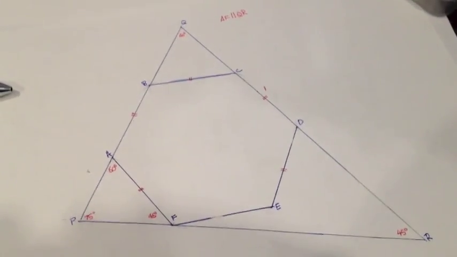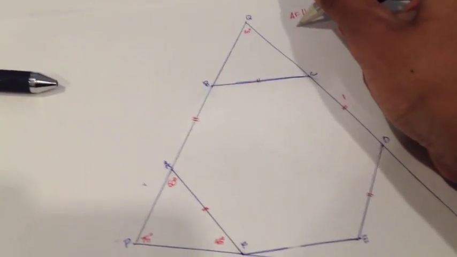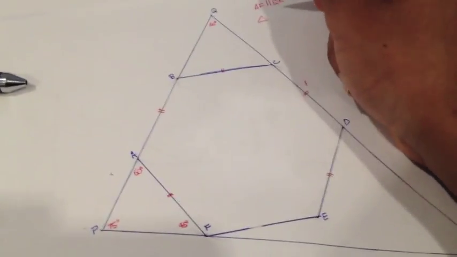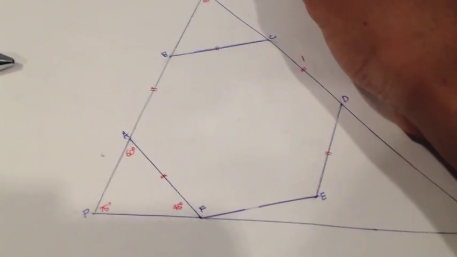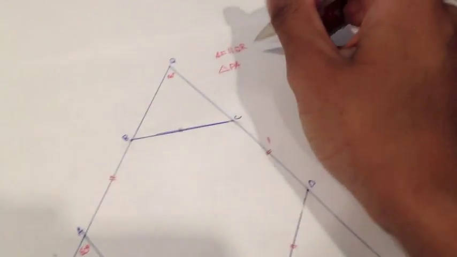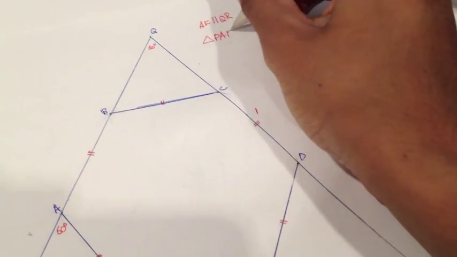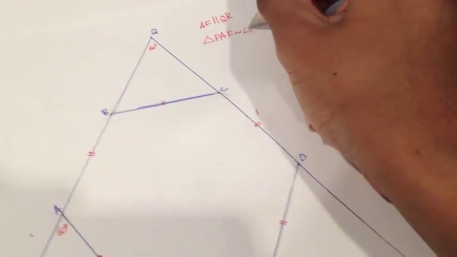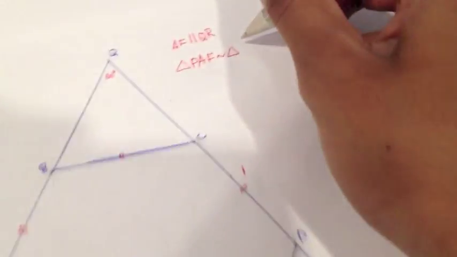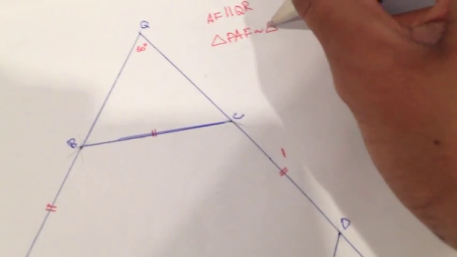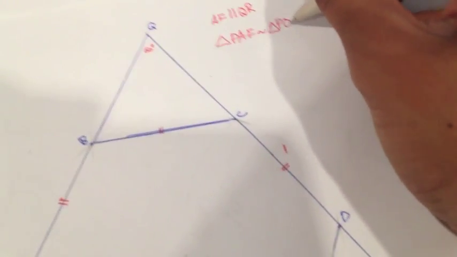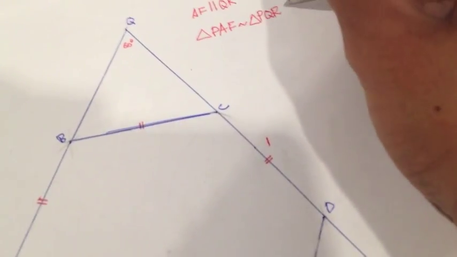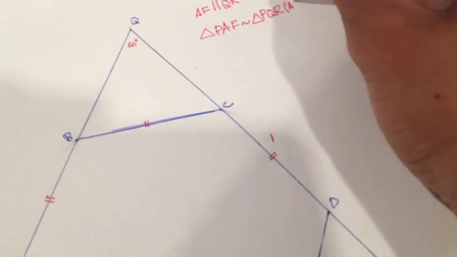So we know that triangle PAF is similar to triangle PQR, and this is by angle-angle similarity.